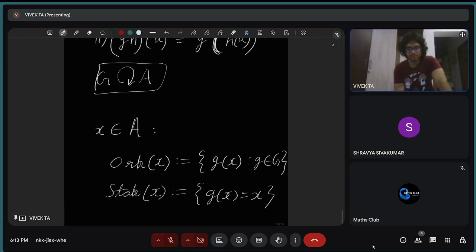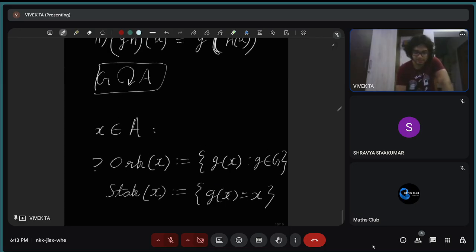So essentially, the stabilizer is the set of all elements that fix x, fix in the sense that the output is the same as x, and the orbit is the set of all elements you get as output.